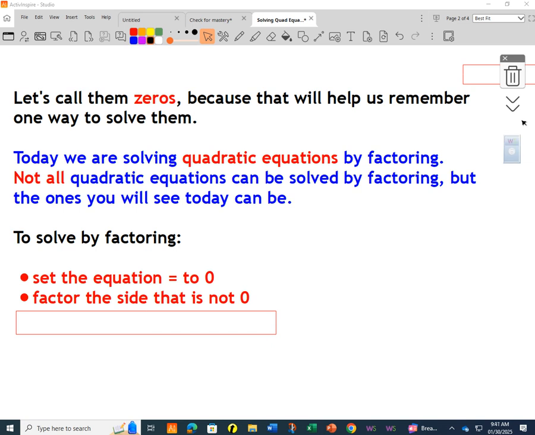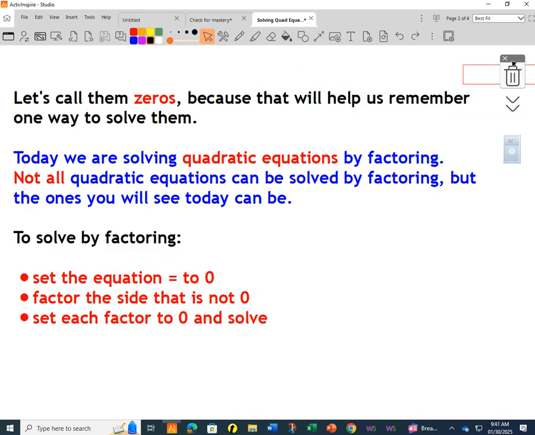So once you factor it, then you're going to have at least 2 factors. Well, you might have 1 factor because there could be 1 solution. Once you have the factors, you set each factor equal to 0. So that means you take the factor and simply write equals 0.